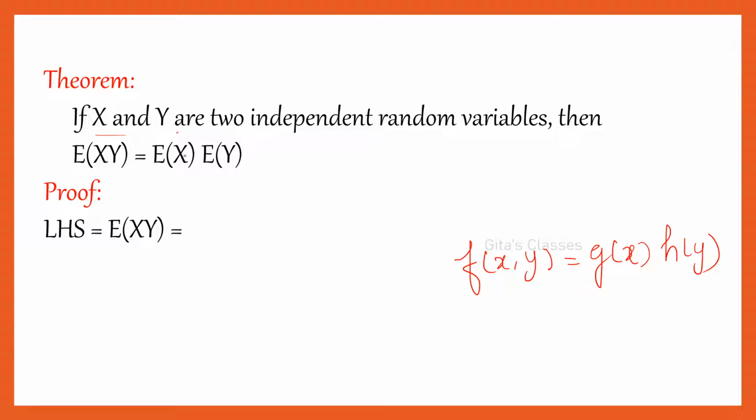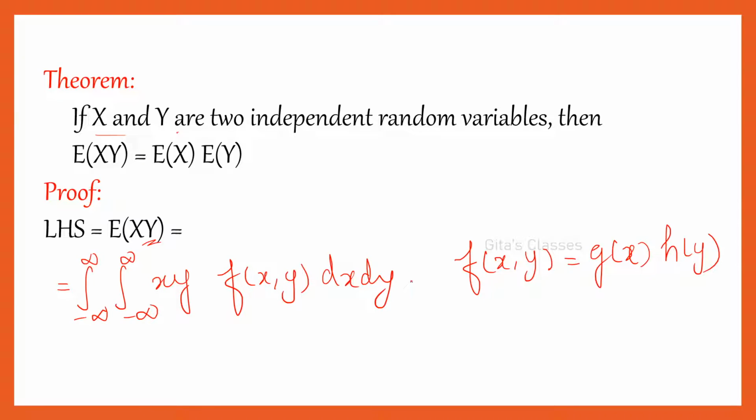You have to prove that E of XY is equal to E of X into E of Y. By definition, this is equal to the integral from minus infinity to plus infinity, twice, of xy into f of x comma y into dx dy. What is given? X and Y are independent, therefore f of x comma y is equal to g of x into h of y.